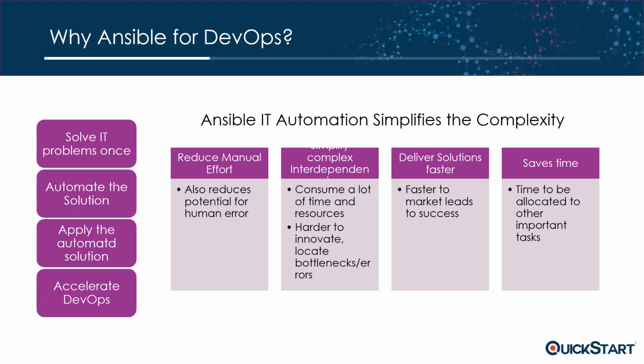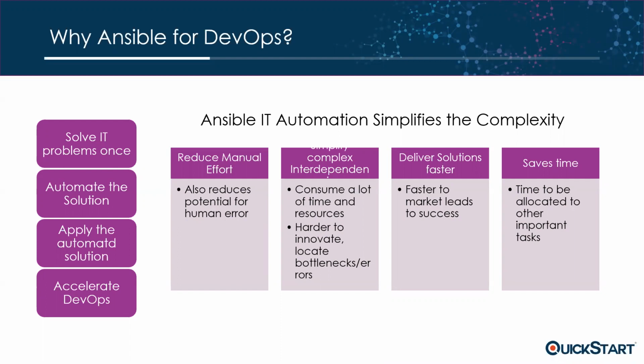So you could see the relationship between Ansible and DevOps, right? Without it, it's much harder to innovate and to locate bottlenecks and errors. So this serves to deliver a solution faster, and of course, faster to market in business leads to success, because our focus is business.